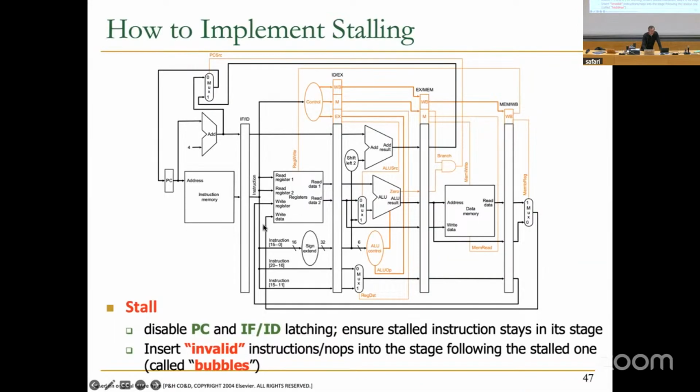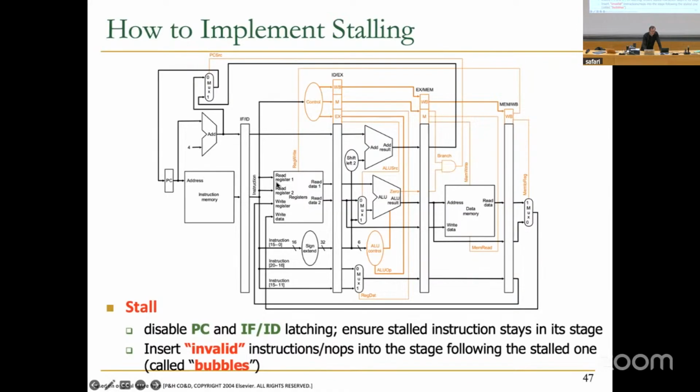You ensure that the stalled instruction in the decode stage stays here. Then the question is, of course, what goes here, right? You detected that the instruction is dependent on some later instruction. You stalled here because you don't change this register. You stalled here because you don't change the PC. So these two stages are stalling right now. What goes into this register in the next cycle? Well, a bubble. Insert an invalid instruction or no operation into the stage following the stalled one.